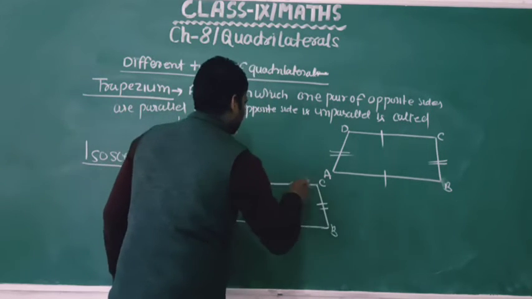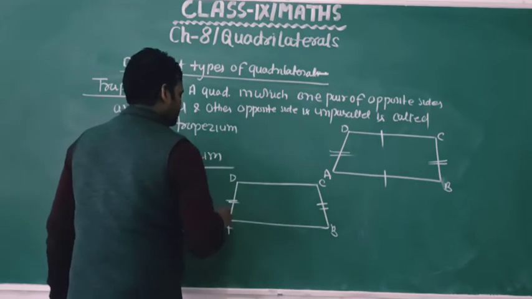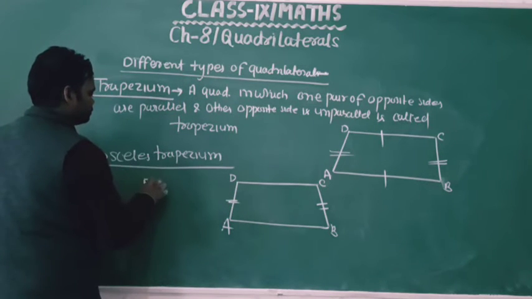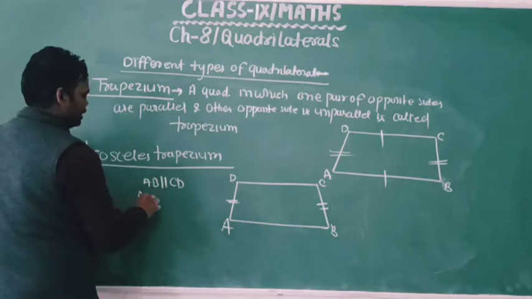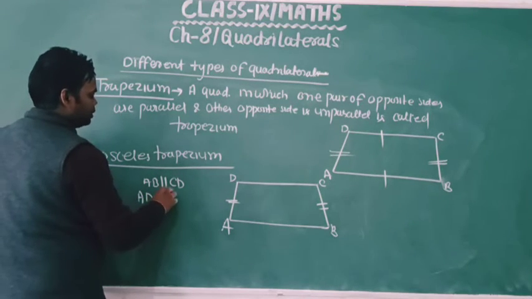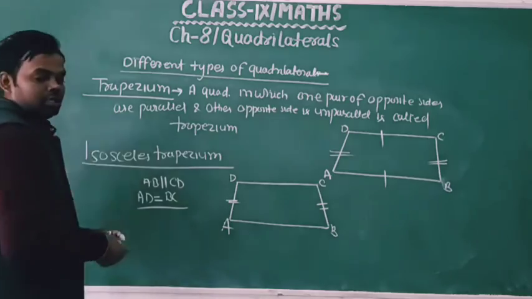AB is parallel to CD, but side AD equals BC. This is called an isosceles trapezium.